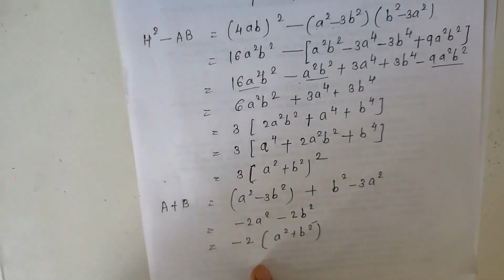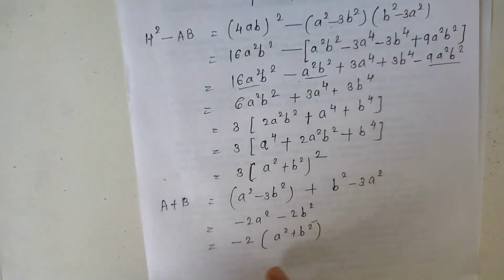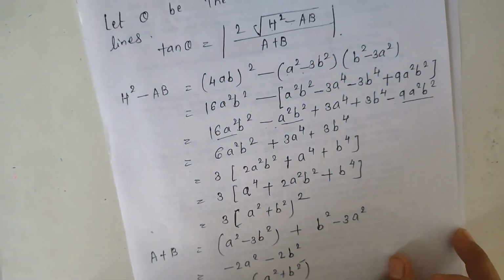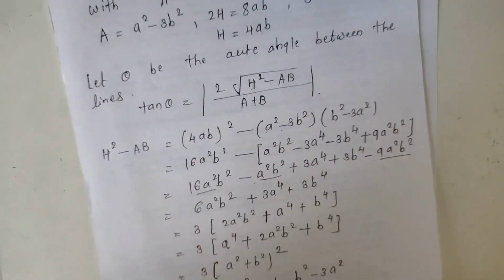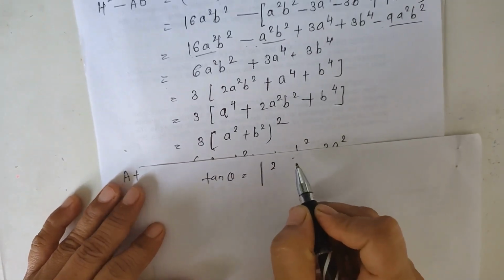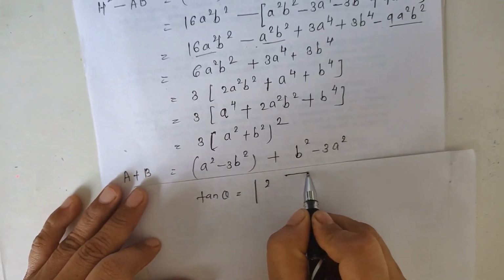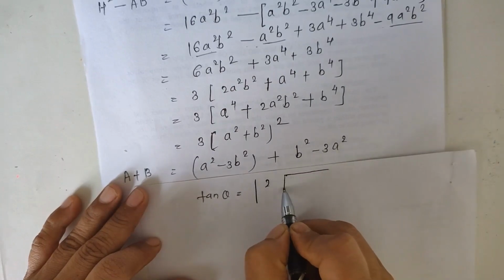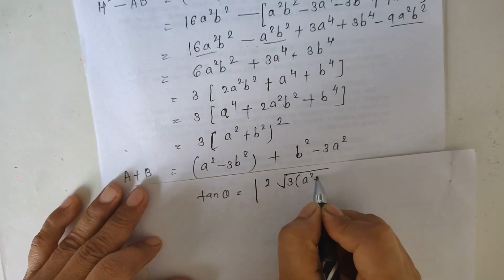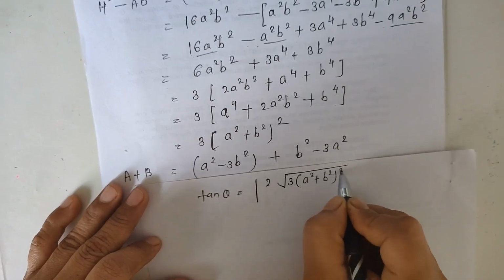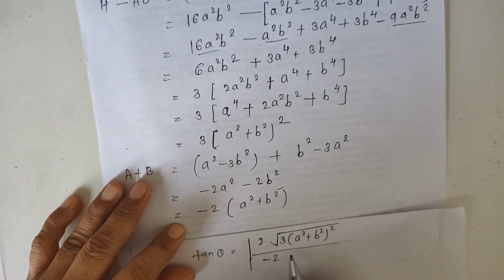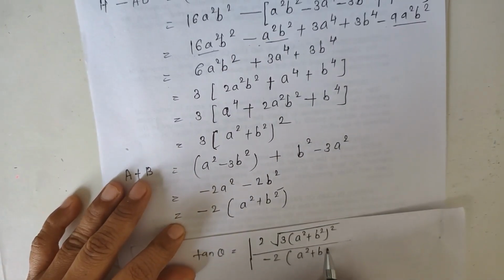Now substituting these two values, H square minus AB and A plus B, in the formula of tan theta, then we get mod of 2 into under root of 3A square plus B square bracket square upon A plus B is minus 2 into A square plus B square.